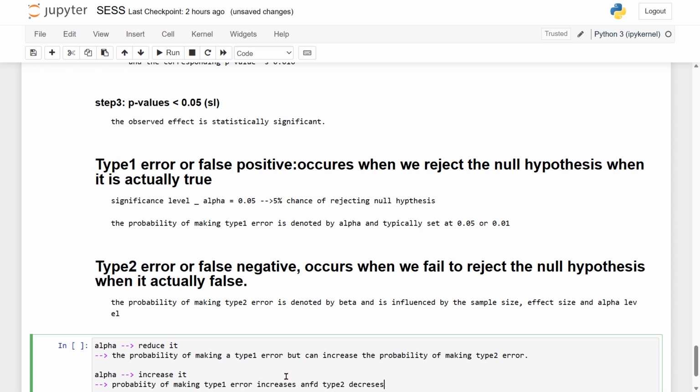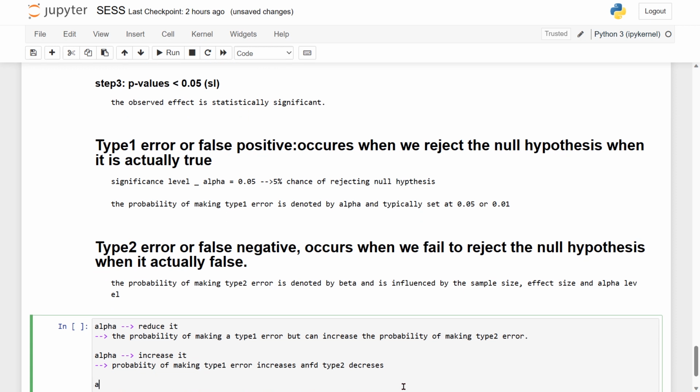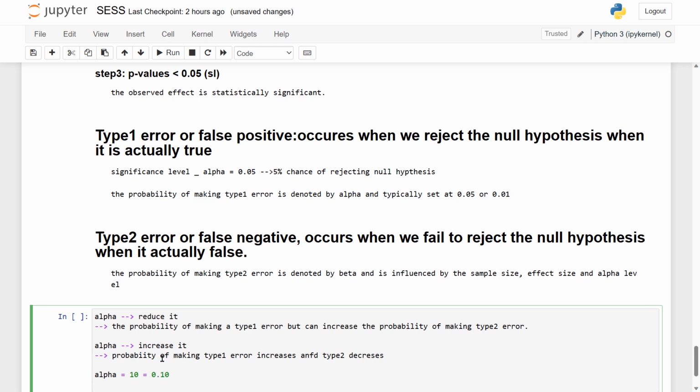Because the logic is very simple. If you increase the alpha level, so alpha will become 10%. Let's take 10% of alpha from 0.05. Alpha is equal to 10% or 0.10. Now what will happen? Nothing much. You will have a 10% chance to reject the null hypothesis. Then obviously your false positive will go up to 10%, and obviously you will have 90% to confirm the null hypothesis. That means your type 2 error, that false negative, will reduce down to 90%.